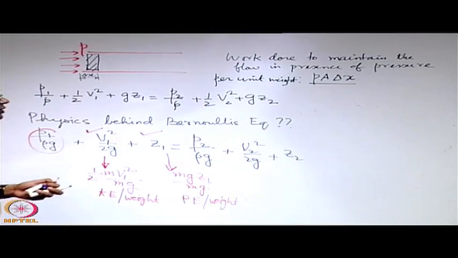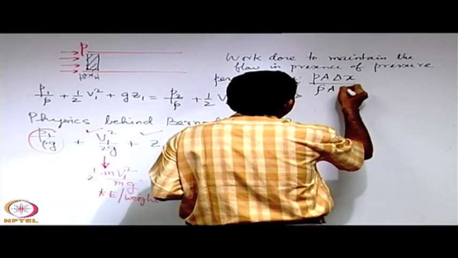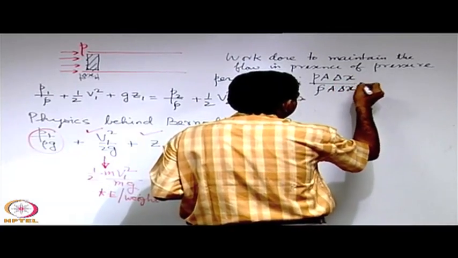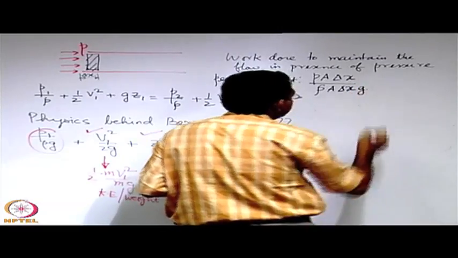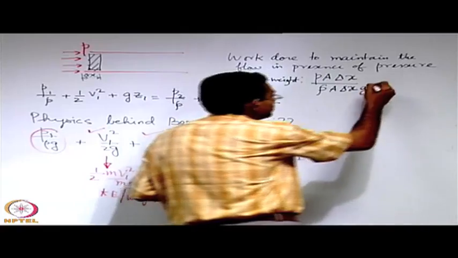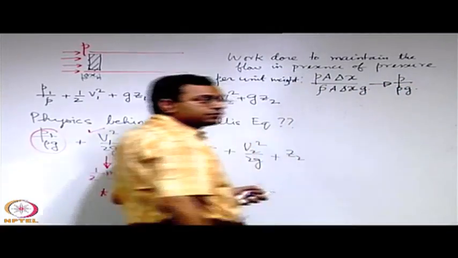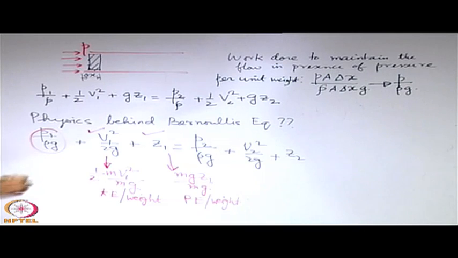What is the weight of that fluid? Rho into A into delta x, that is the mass, and that into g is the weight. So, this becomes P by rho g.